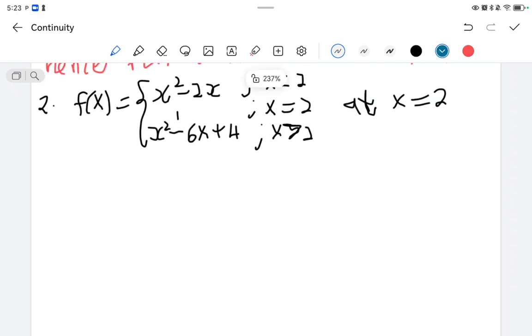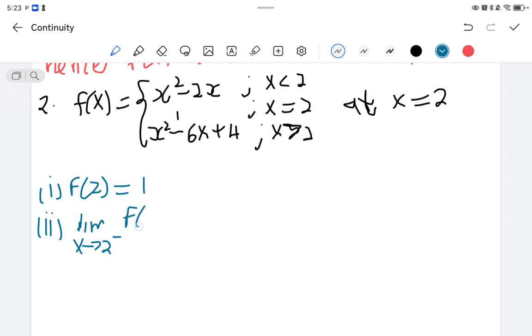First, number 1, check f of 2. We realize that when x is 2, we get 1. Then we check the second one: check if the limit exists. We check the limit as x approaches 2 from the left of f of x.